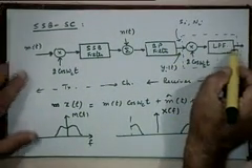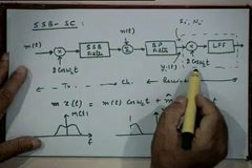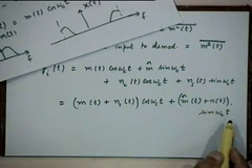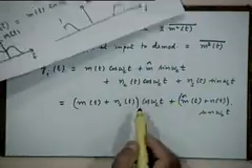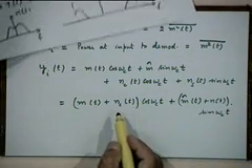What will be the output of the demodulator after the low pass filtering? We are multiplying this with 2 cosine omega ct, right. Obviously, this quadrature component will produce no output. The only output will be due to this, and it will be simply mt plus n sub ct, right.